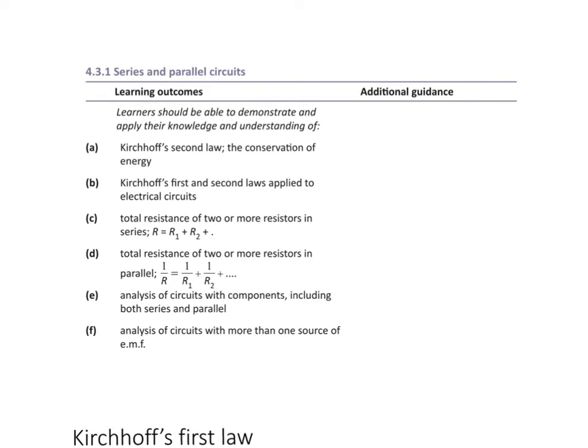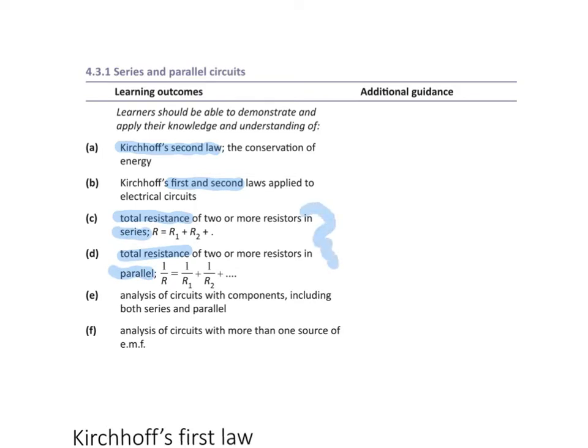So what we will be looking at in this lesson will be Kirchhoff's second law. We will also apply Kirchhoff's first and second law to electrical circuits. We'll show how to calculate the total resistance when you have a series combination, total resistance when you have a parallel combination, how to prove them as well.